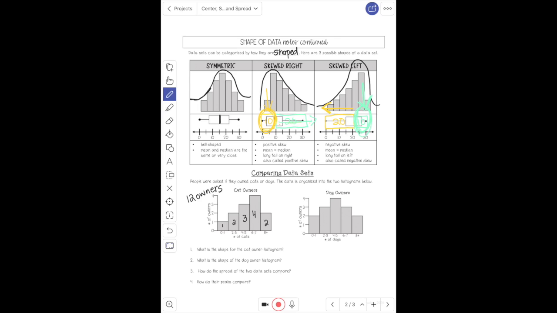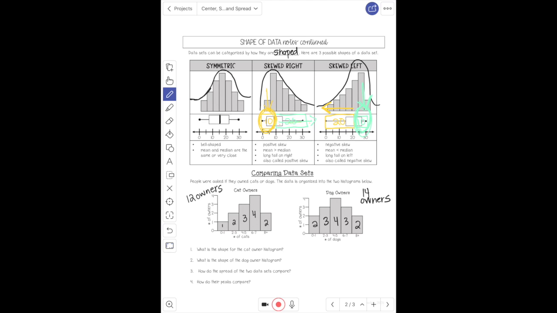All right, and then over here, I have 2, 3, 4, 3, and 2. So for this one, I have 2, and that's 5, 9, 12, and this one is 14 owners. When I'm comparing these, I just like to know the totals, because you never know when they're going to ask about potentially the median or the shape or whatever it may be.